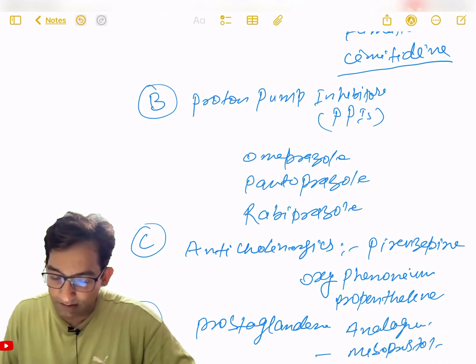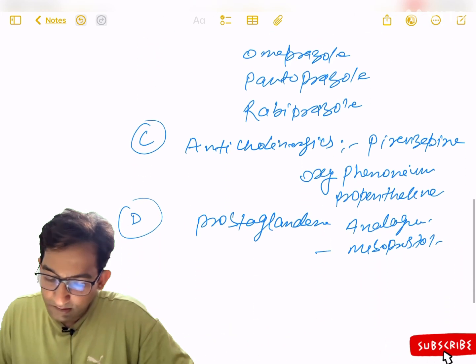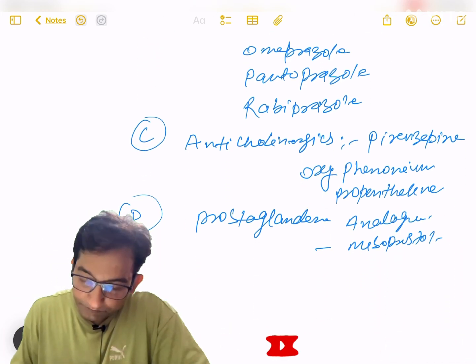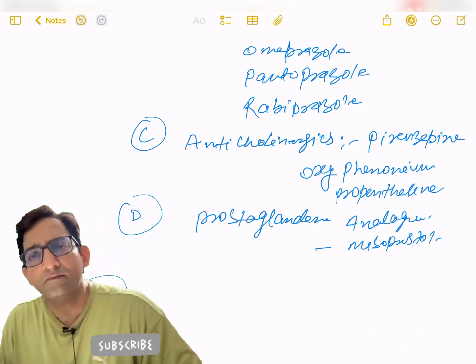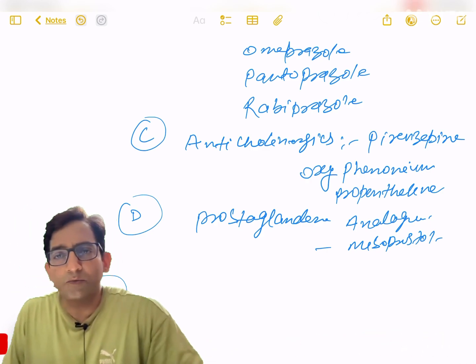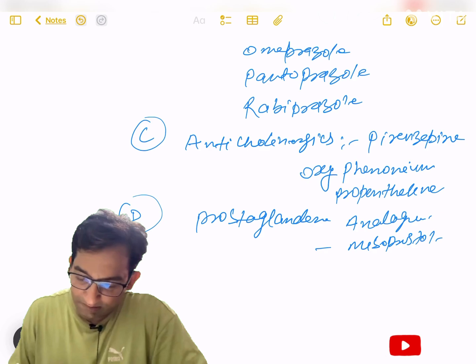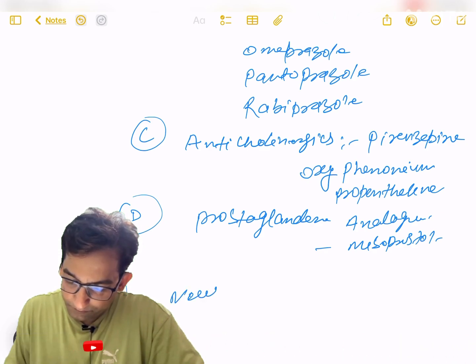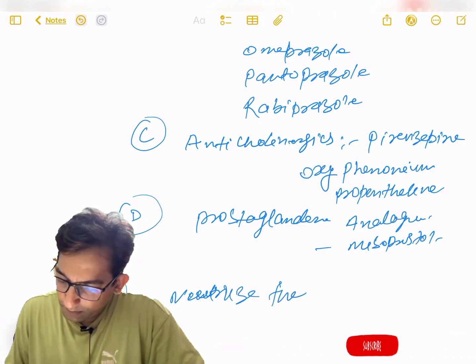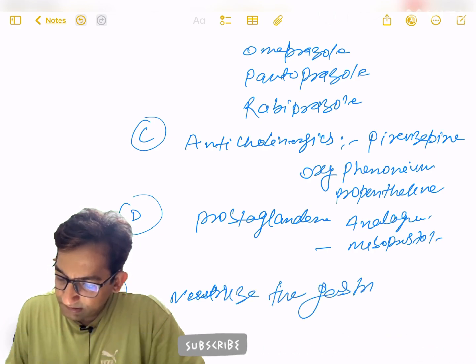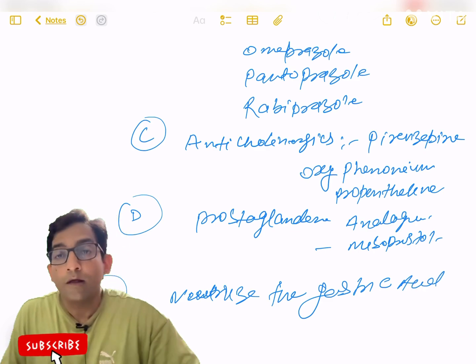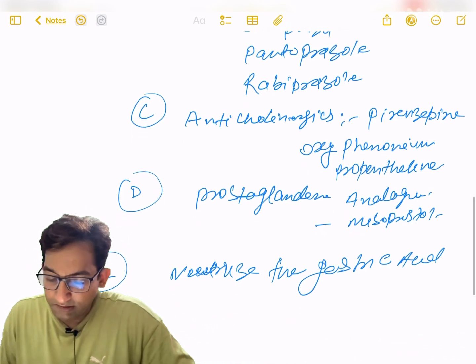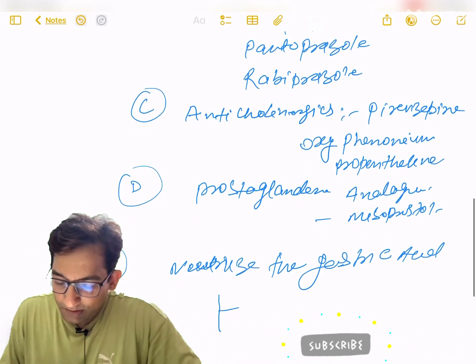Now, move to another class. The second category is drugs which neutralize the gastric acid. In this category, two types of drugs are nowadays available.